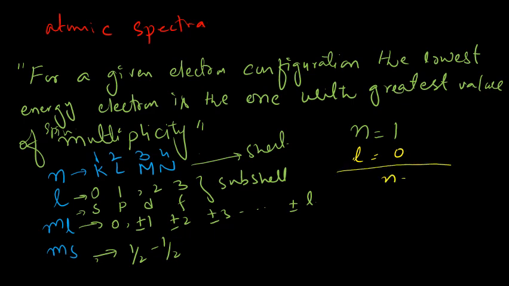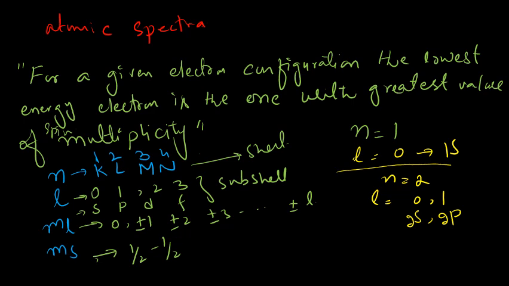But for n equals 2, l has the values 0 and 1. Zero corresponds to the s state and 1 corresponds to the p state. For n equals 1 we have only the 1s subshell, and for n equals 2 we have the 2s and 2p subshells as well.